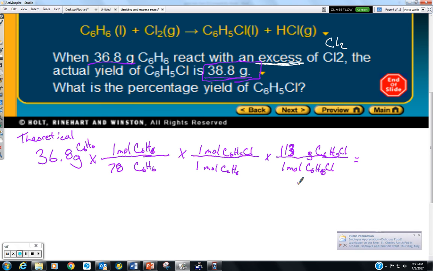All right, so how many grams of chlorobenzene can we produce?